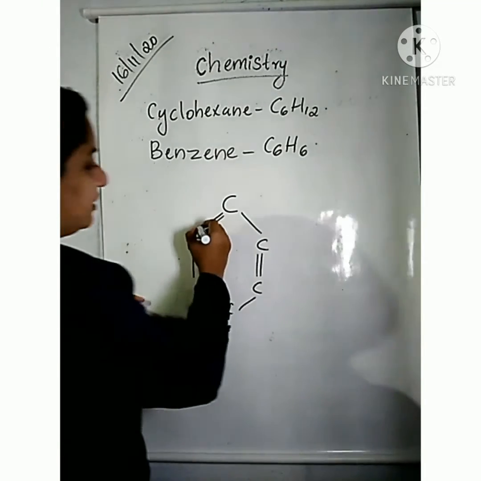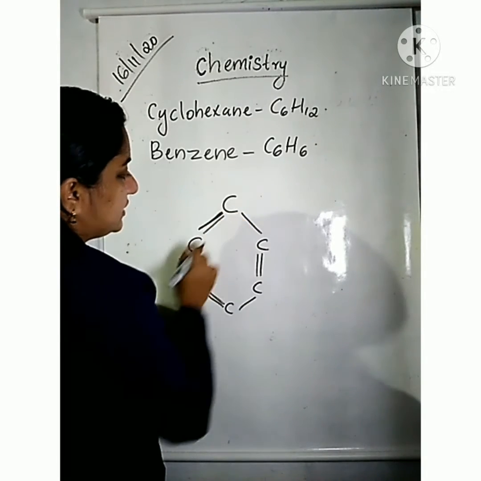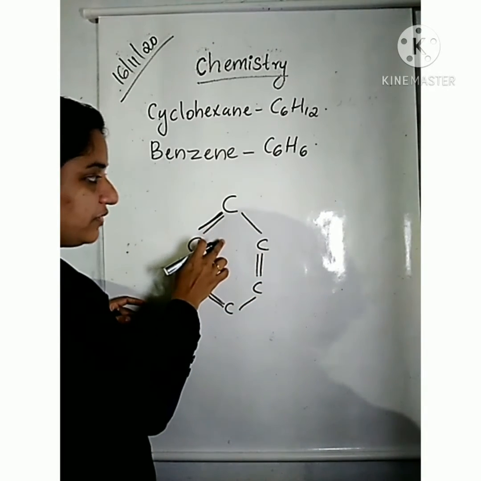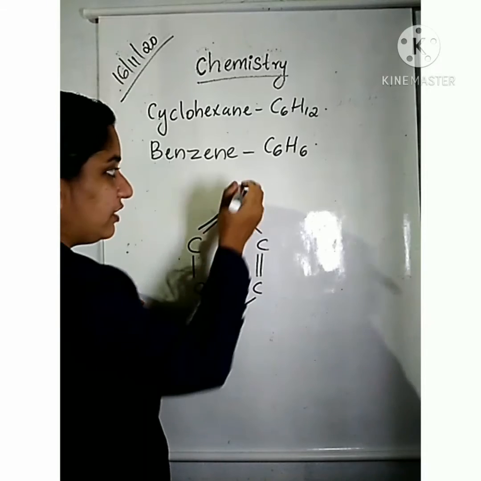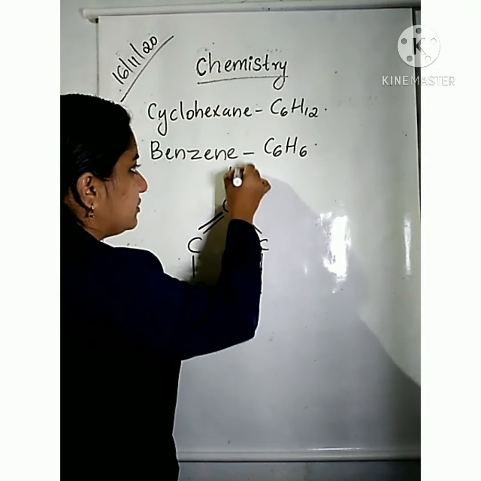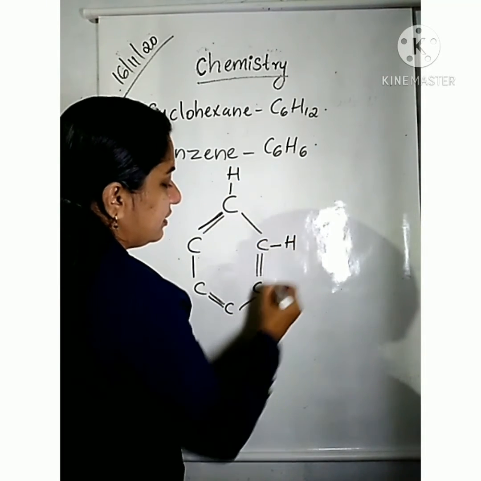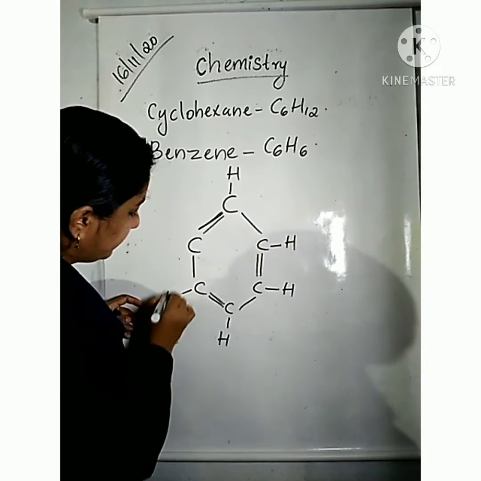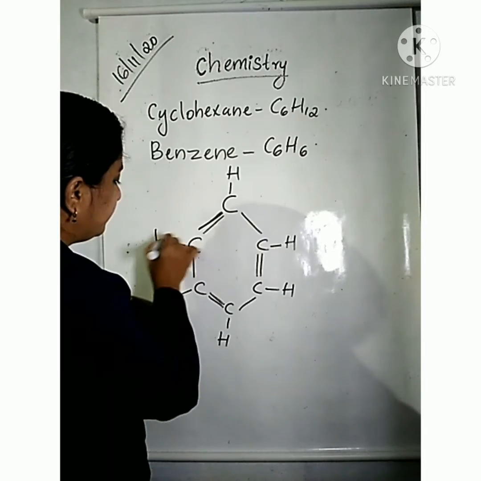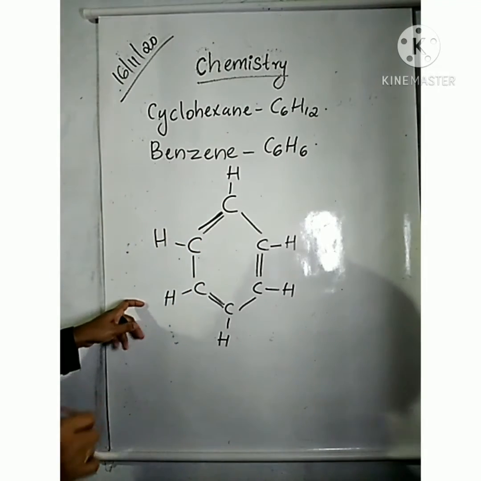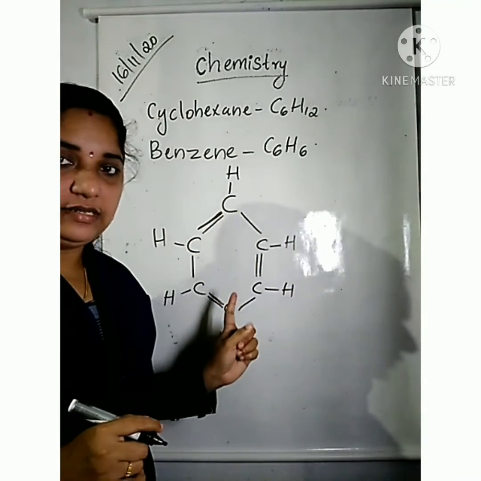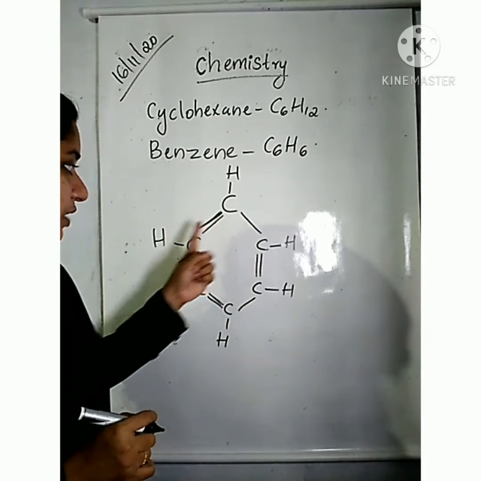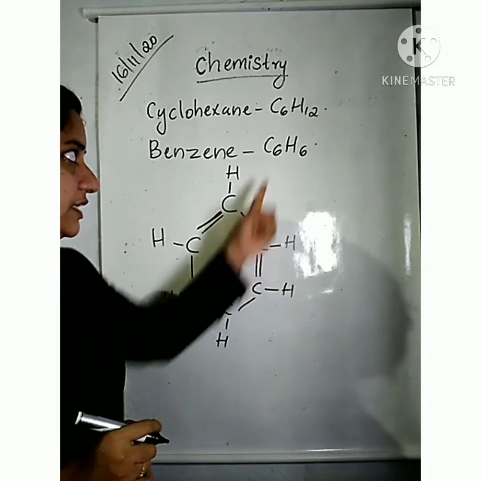So, here each carbon atom satisfied 3 valencies. Only one remains, so we are adding one hydrogen atom with each carbon atom. This is the structure of benzene. Now, look here. 1, 2, 3, 4, 5, 6 carbon atoms.